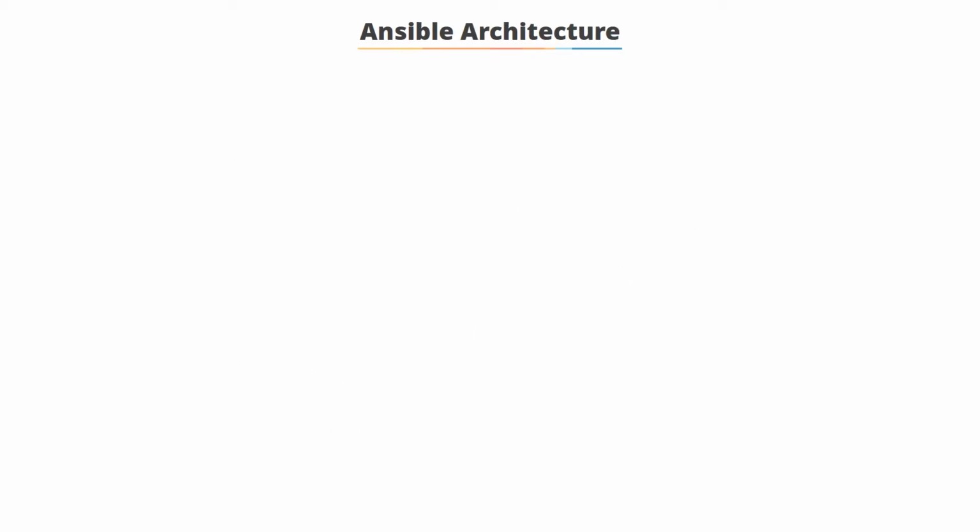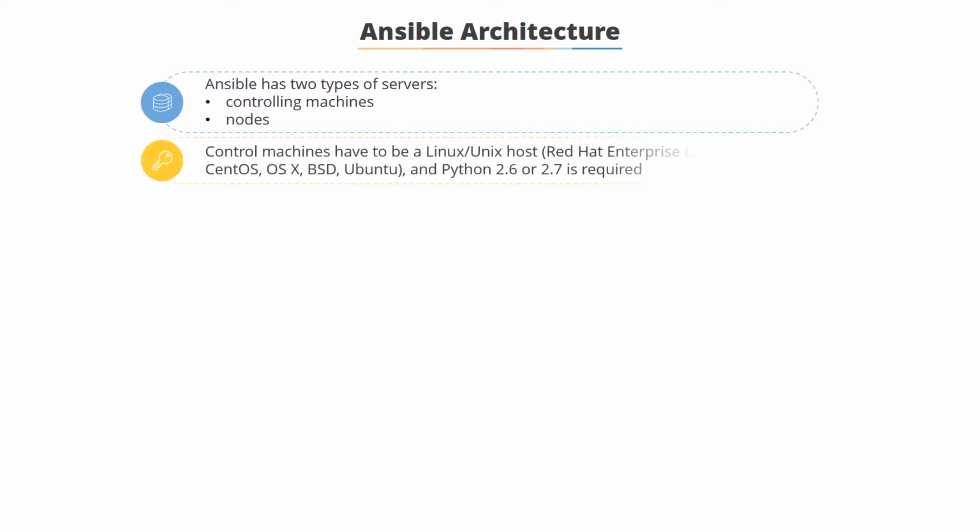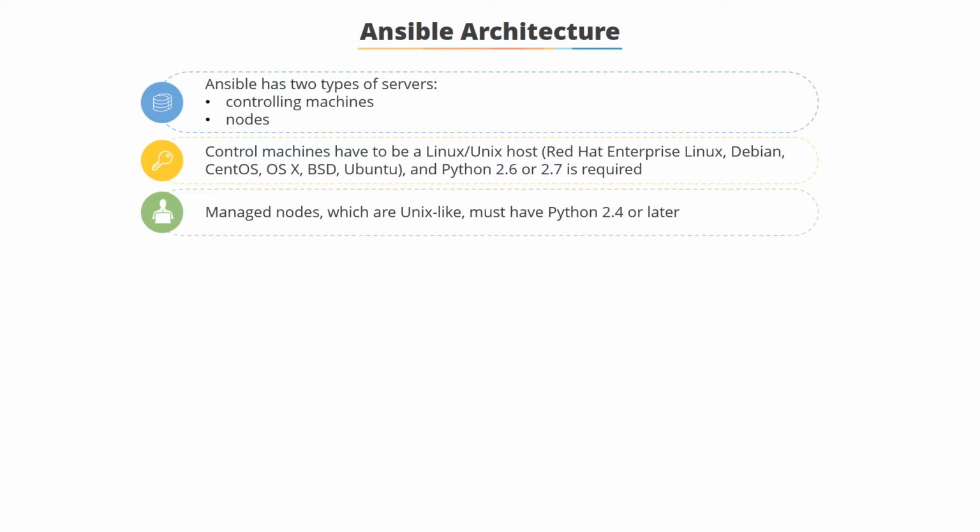Now let's take a look at the architecture of Ansible. Ansible can have two different types of servers, your controlling machines and your nodes. Your controlling machines have to be a Linux or UNIX hosted environment and should have Python 2.6 or 2.7 on them. And your managed nodes, which are UNIX-like, must have version 2.4 of Python or later.